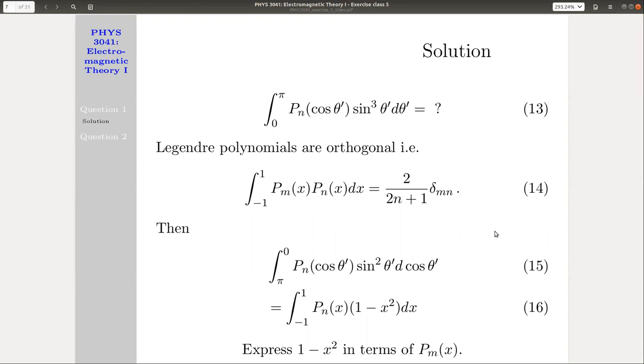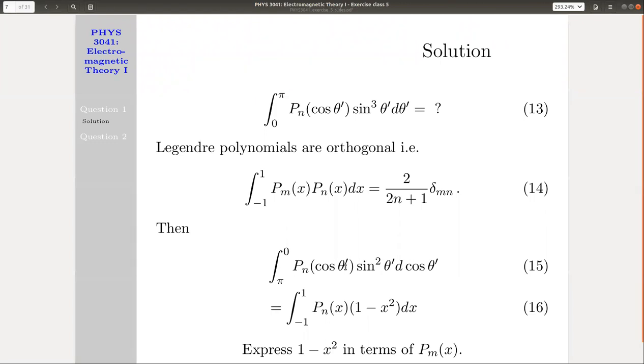The Legendre polynomials are orthogonal, and if you have two Legendre polynomials and integrate them from -1 to 1, they will be zero if m and n are not the same. It takes the form 2 over 2n plus 1 times the Kronecker delta mn.